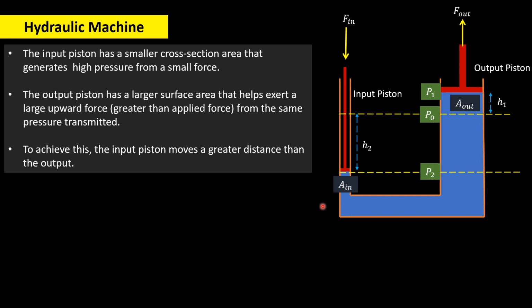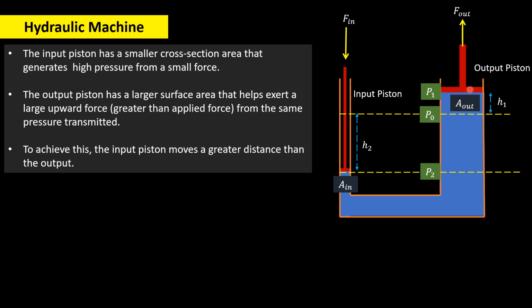Here we have a smaller cross-section area as compared to this output area A out, which is larger, and that makes the difference. If we apply a force here, then that force will be magnified in the output.